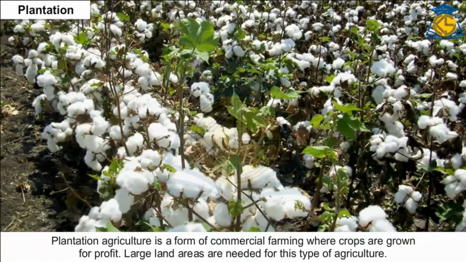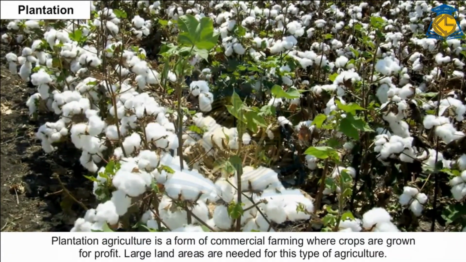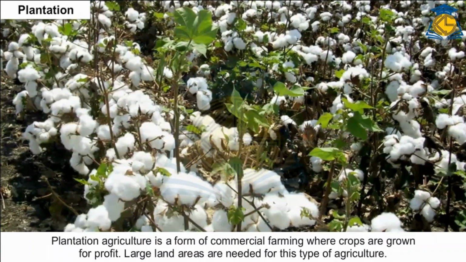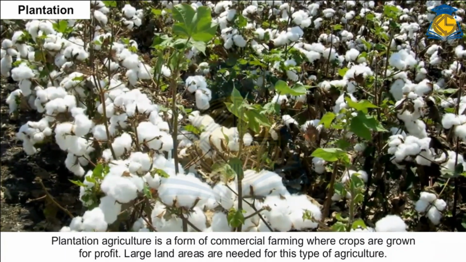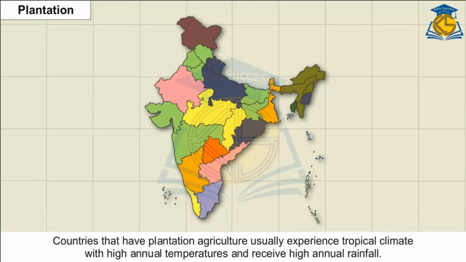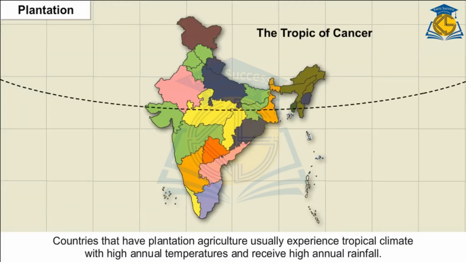Plantation agriculture is a form of commercial farming where crops are grown for profit. Large land areas are needed for this type of agriculture. Countries that have plantation agriculture usually experience tropical climate with high annual temperatures and high annual rainfall.